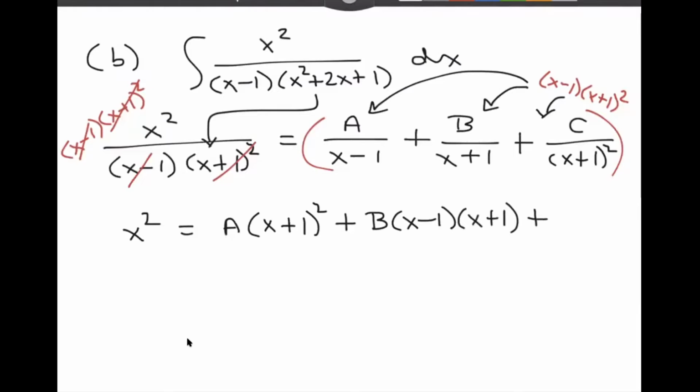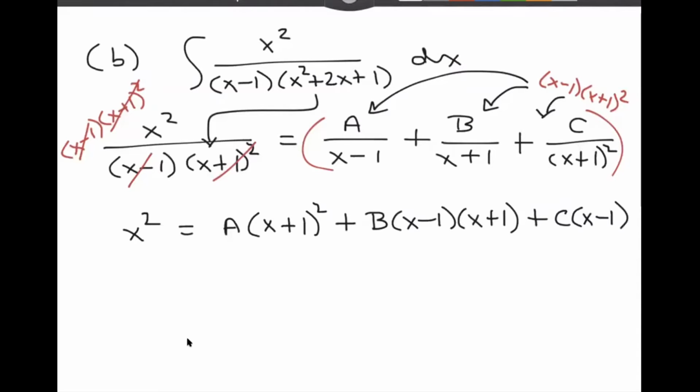And then in the third term, the whole entire x plus 1 squared cancels and leaves me C times x minus 1. Okay, so in any case other than distinct linear factors that all have degree 1, my shortcut does not work completely. However, it's still usually helpful.